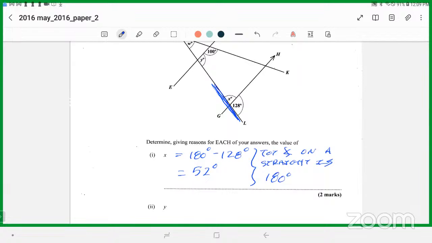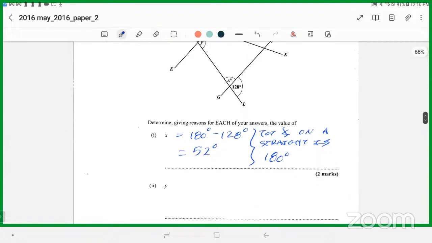Total angle on a straight line through this point is 180 degrees. All right. Total angle over here is 180 degrees over this point. 180 degrees on the straight line, and that 180 is broken down into the x and the 128. The 180, and so we subtract.